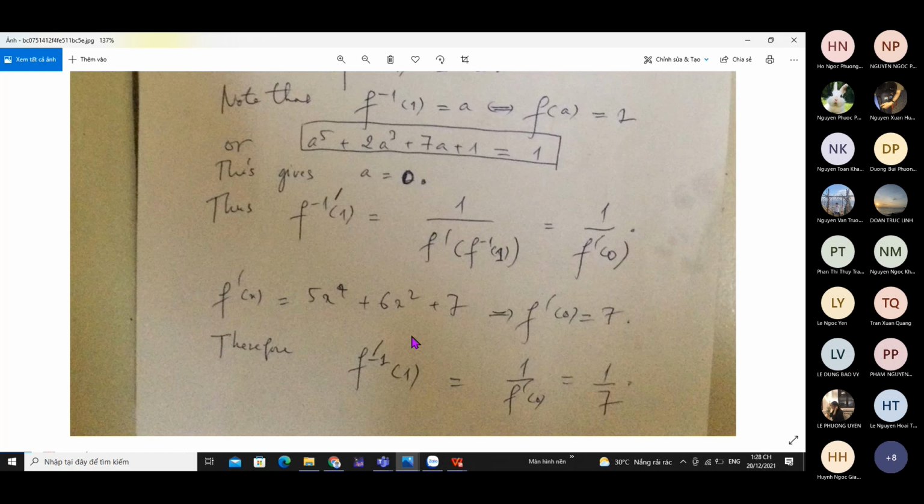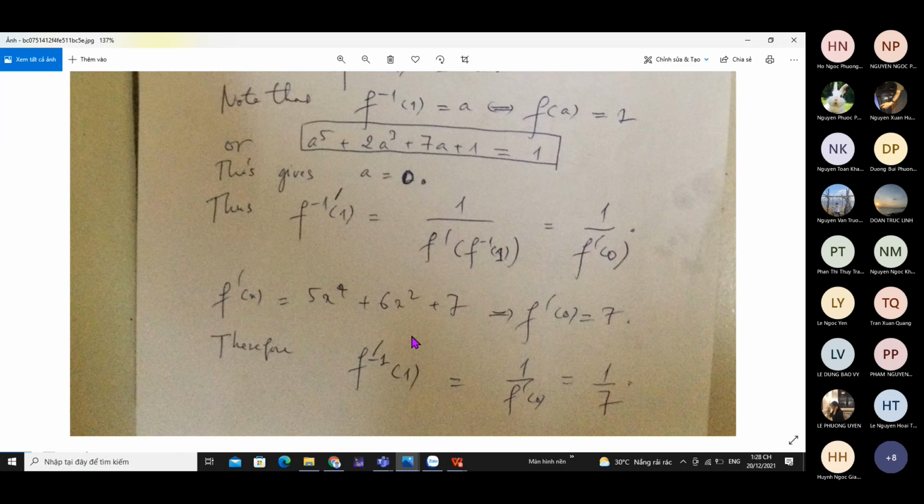And conversely, for each y value, you have got only one value of x such that f of x equals y. So 0 here is the unique number such that f of 0 equals 1, because f is a one-to-one function.